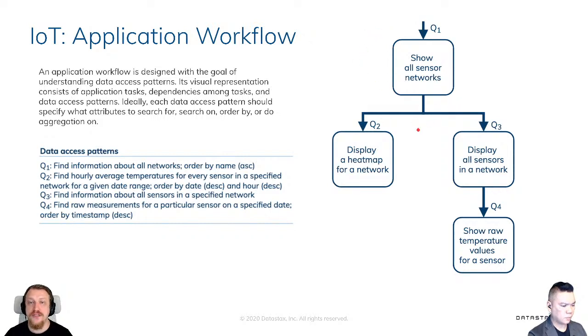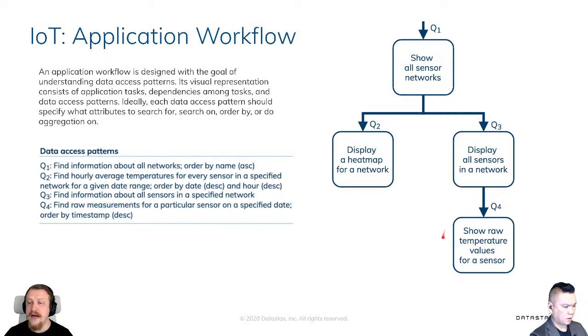Then we have two possible follow-ups. We may display a heat map for a network, a nice visualization you may have seen on a weather forecast channel. Or we may show all sensors in the network: the customer clicks on the network and we show what this network consists of.